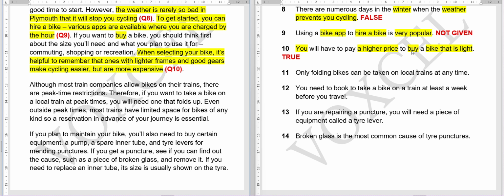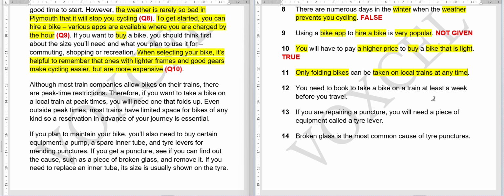Only folding bikes can be taken on local trains at any time. So the question says only folding bikes, not any other type of bikes, can be taken on local trains at any time. Any time of the day, be it morning, evening, night, noon, midday, you can only take folding bikes.